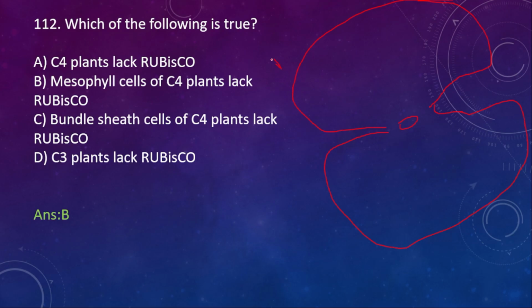Here which enzyme is present? Here PEP is present. PEPcase is present here. PEPcase is an enzyme. Okay. Here Rubisco is present.